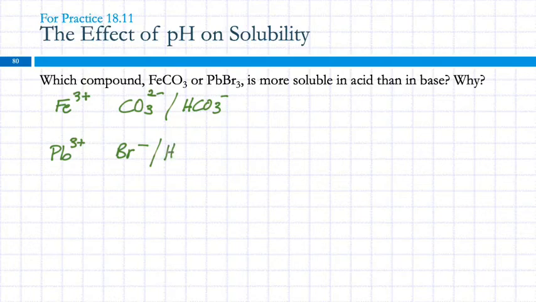And the conjugate acid of bromide is HBr, which is a strong acid. So bromide is pH neutral, and carbonate is a weak base.